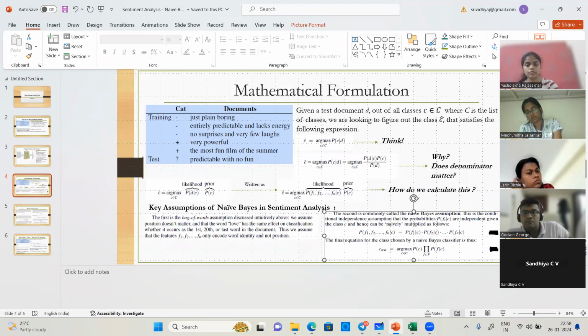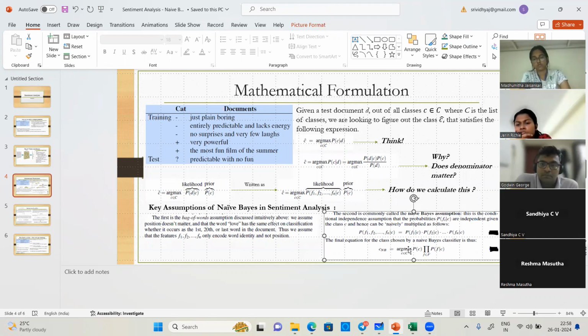So one can't say with certainty that there is no association between these words, given a class, right? Remember, it's all conditional here. It's given a class. We're talking of how these words are associated. But naive Bayes goes with the assumption that given a class, all these are independent.